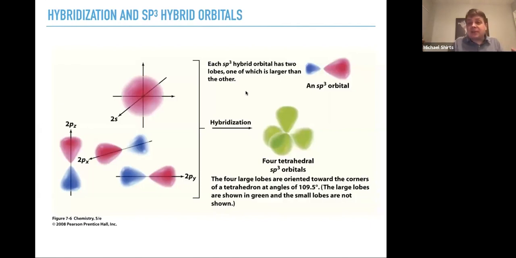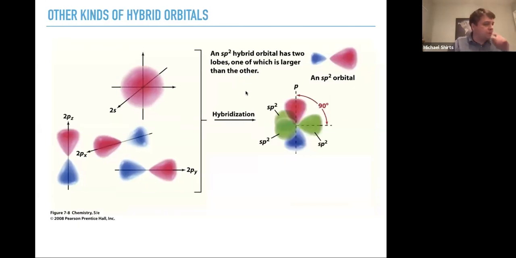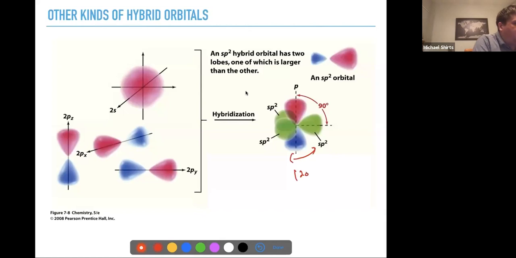But there are other possibilities as well. There are cases where the lowest energy state might involve combining the s and just 2 of the p orbitals. So for example, with sp2 hybridization, you have 1 p orbital that doesn't combine and is not involved in bonding, at least not in sigma bonding, and these orbitals are 120 degrees apart.